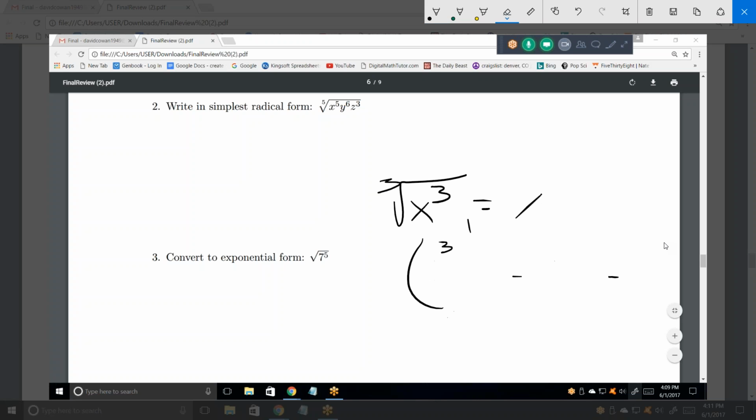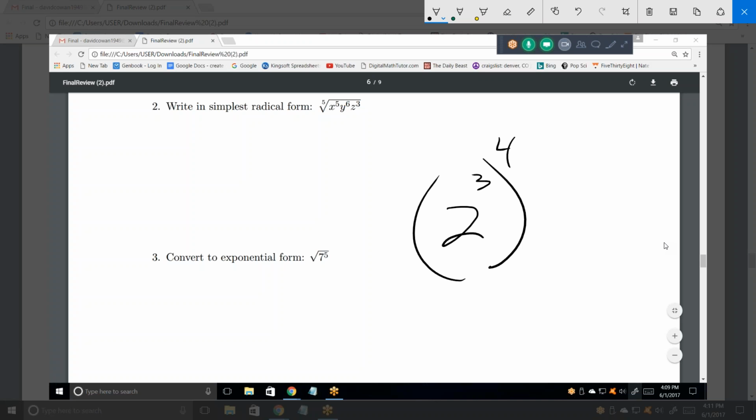In other words, if I had 2 cubed to the 4th, rules of exponents tell me that's 2 to the what? 2 cubed to the 4th power is equal to 2 to the 12th.